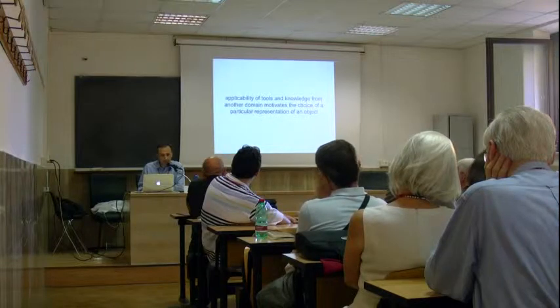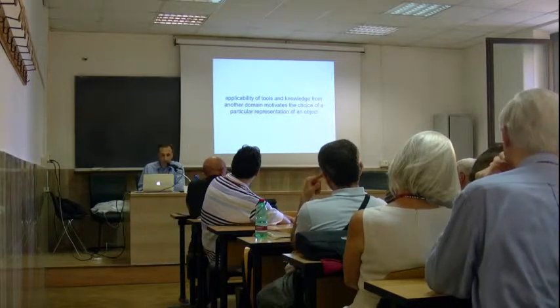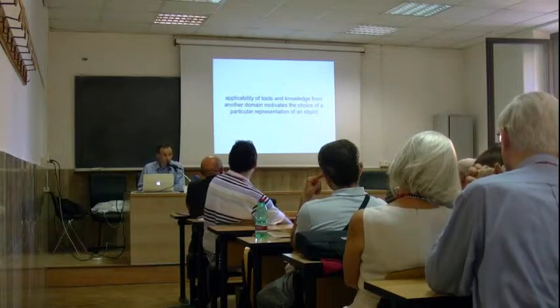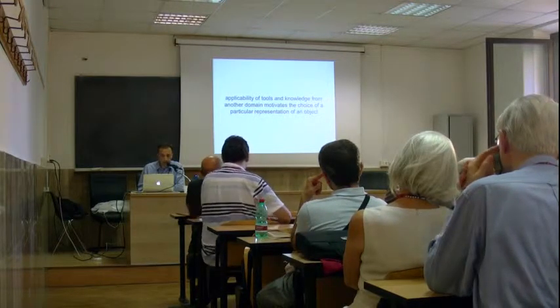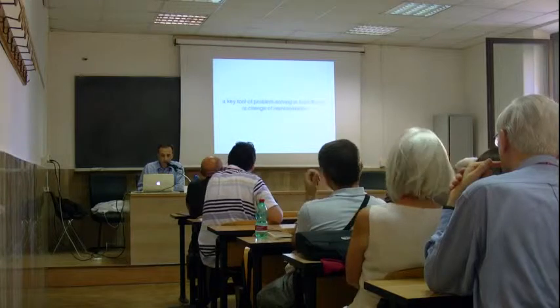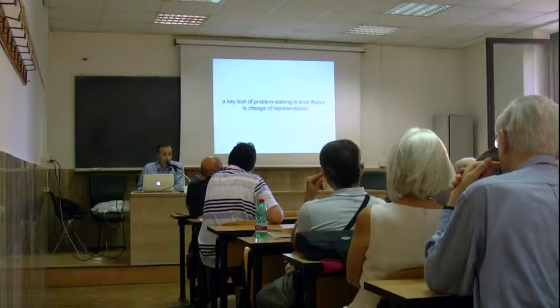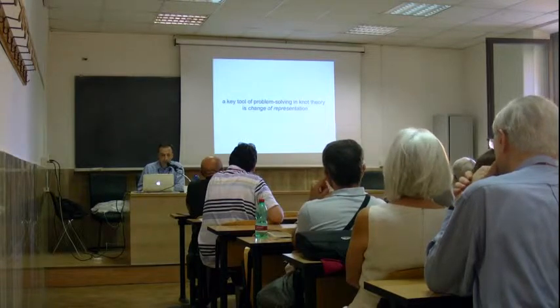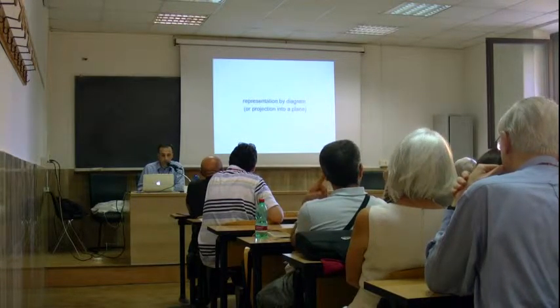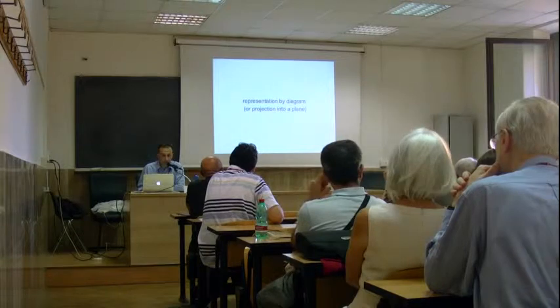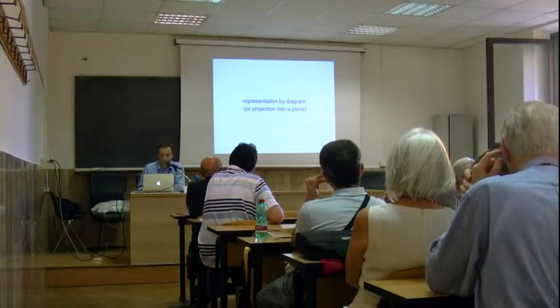So it's the applicability of tools and knowledge from other domains that motivates the choice of a particular representation of an object like a knot. So a key tool of problem solving in knot theory is change of representation, looking for new representation. In particular, representation by the so-called knot diagrams or projection into a plane.